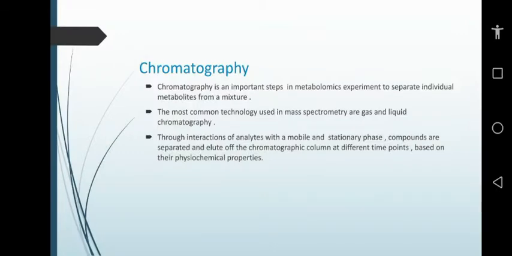The third key stage in a metabolomics study is direct infusion or chromatography. The small molecules may be either directly infused or injected into the mass spectrometer through a coupled chromatographic system.